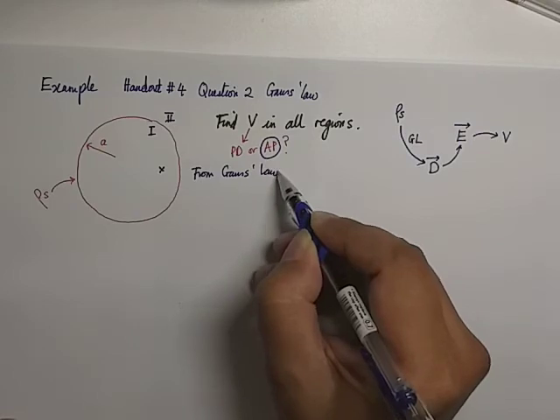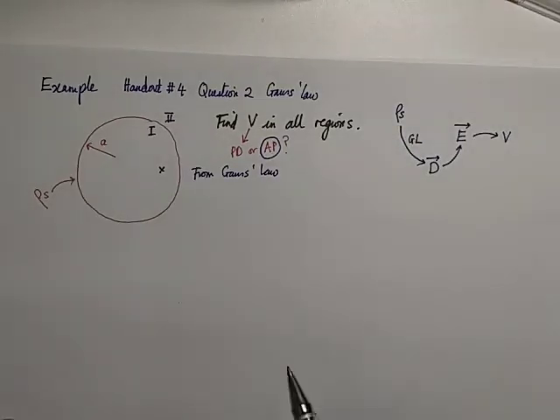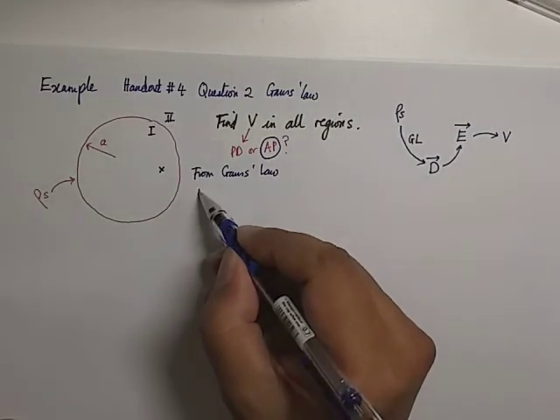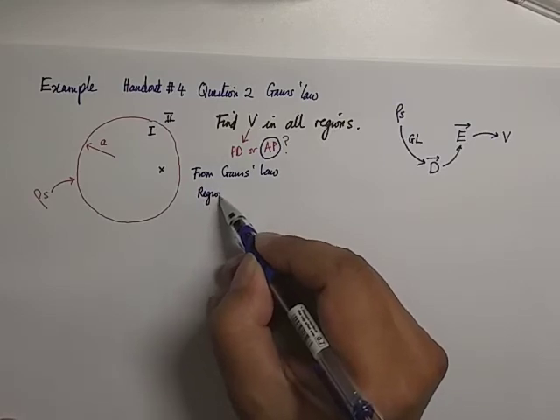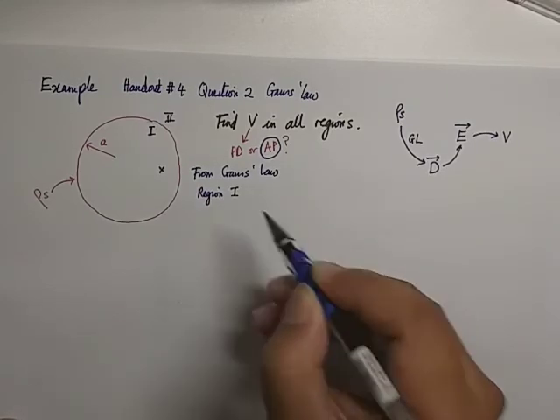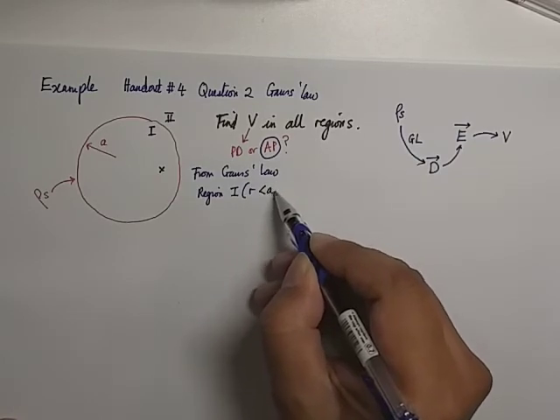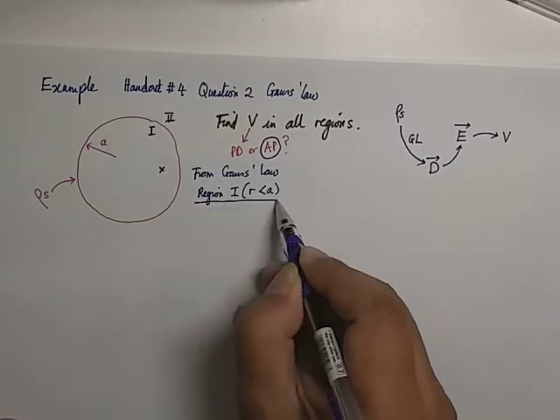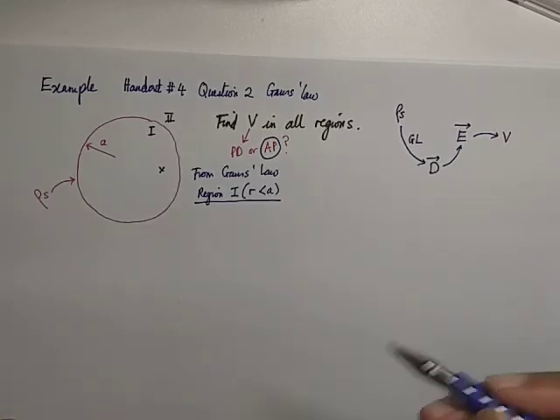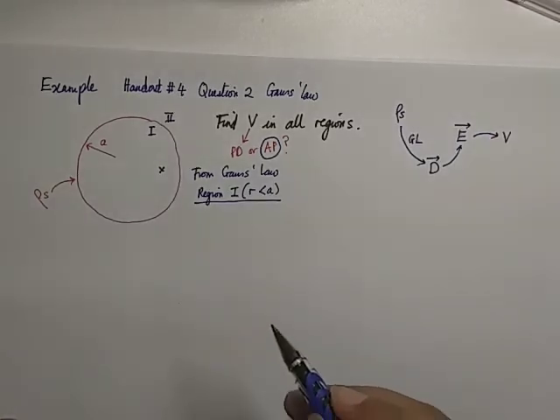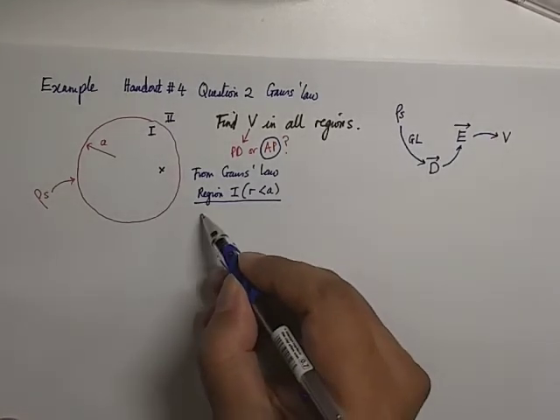We already did this part. There are 2 regions. Region 1, R smaller than A. From the problem solving that we did together, we say that D1 is equal to what?